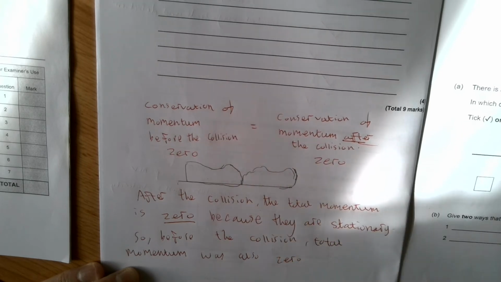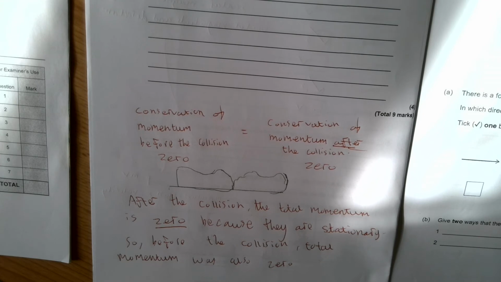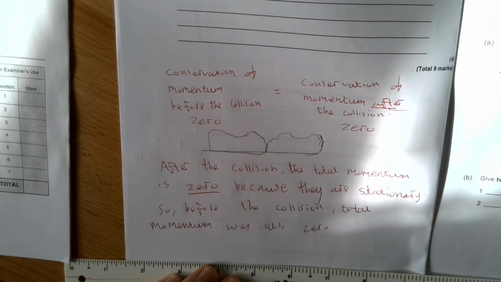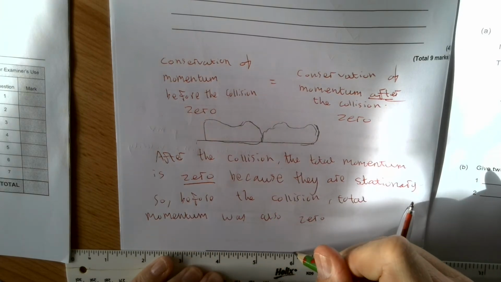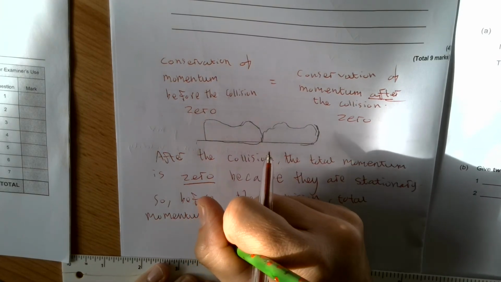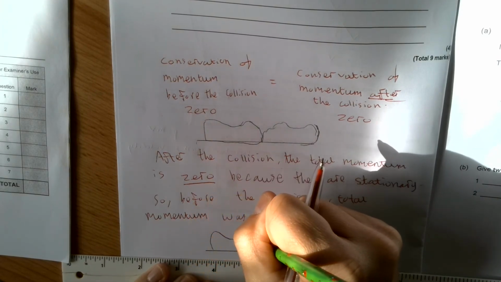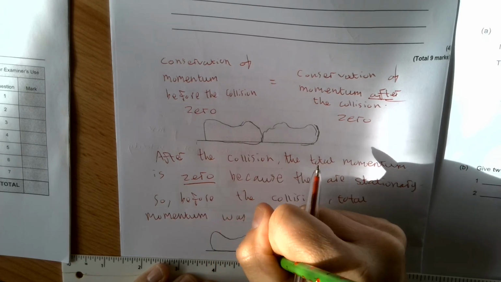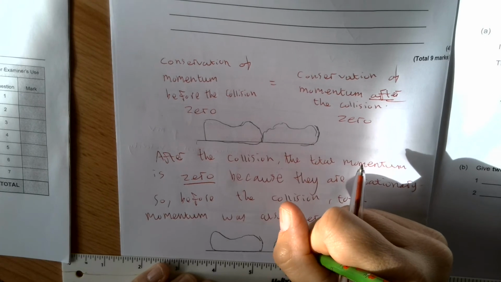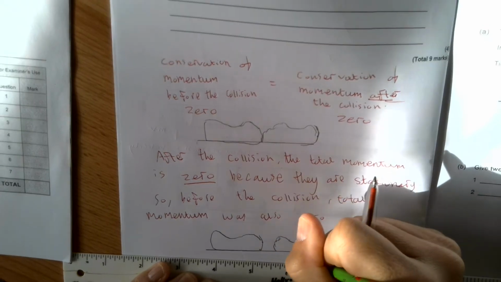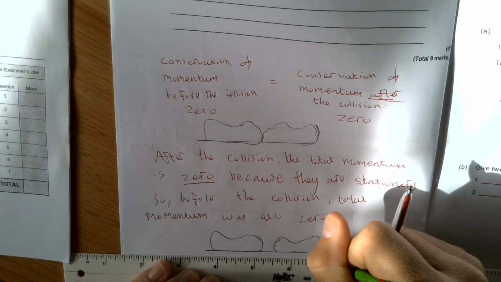Now we need to talk about the why, so I'm going to do another drawing. Running out of space, so I'll push that up. Now these need to be a little bit apart before the collision. Okay, I get the idea.